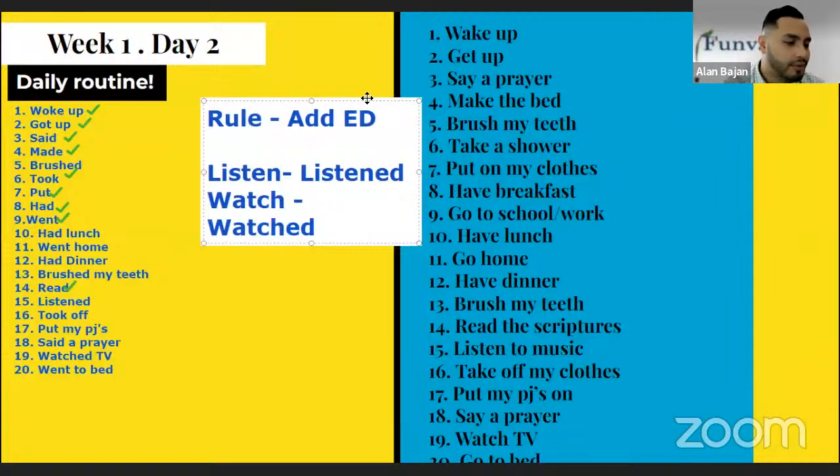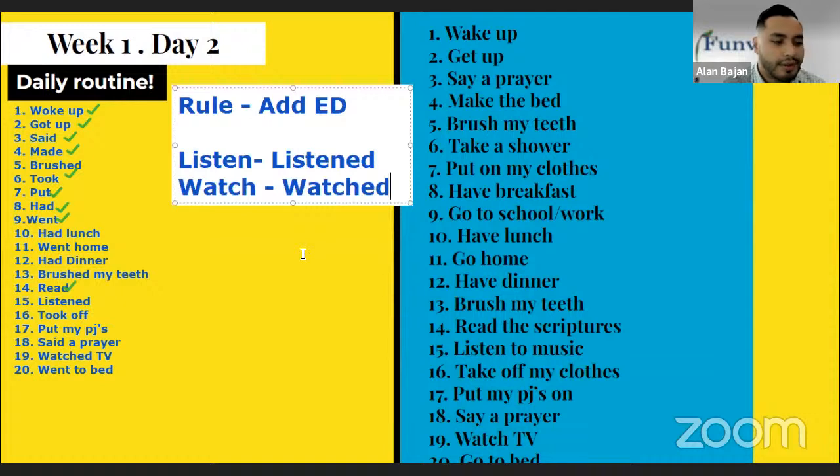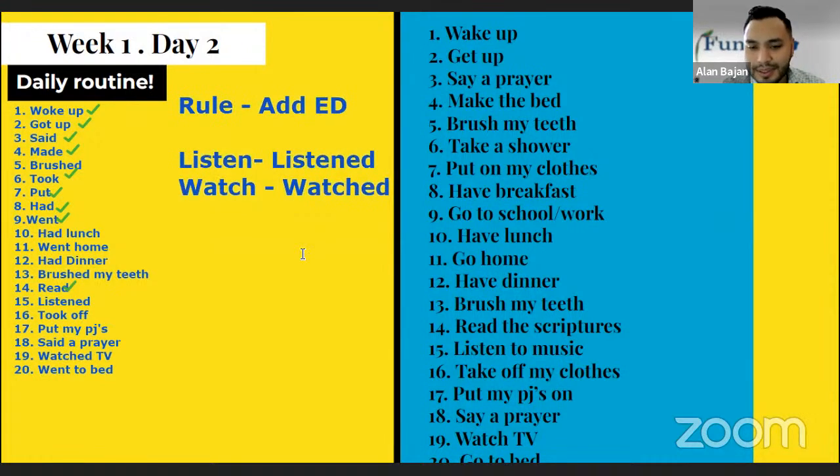That's the common rule for past tense, okay? But there are specific verbs that don't follow that rule, and we call them irregular verbs. The verbs which follow the same rule with the ed, we call them regulars.